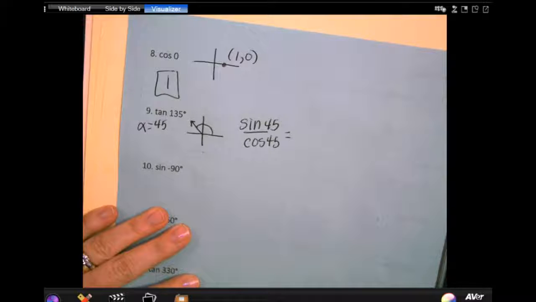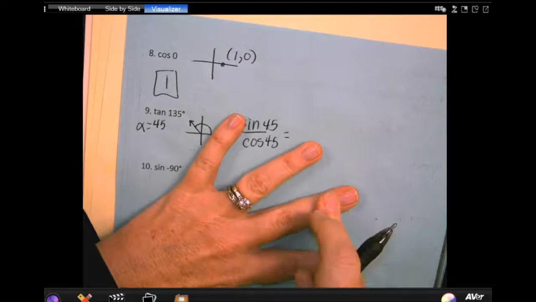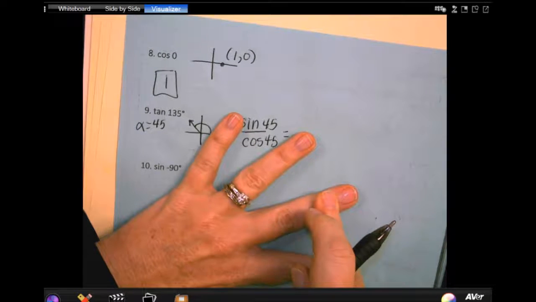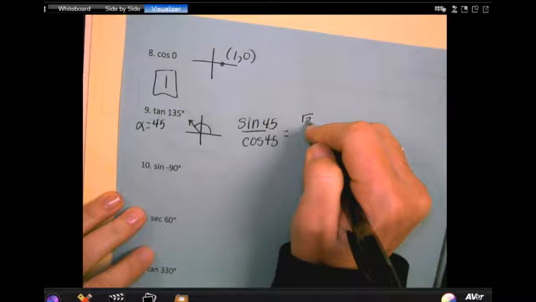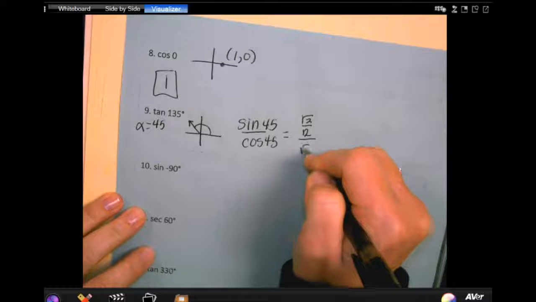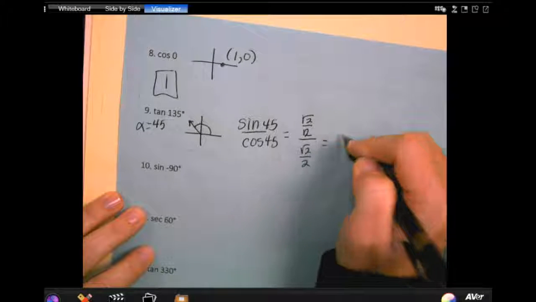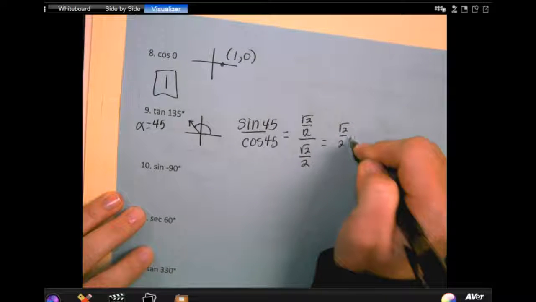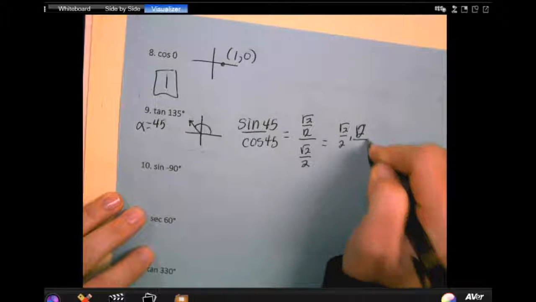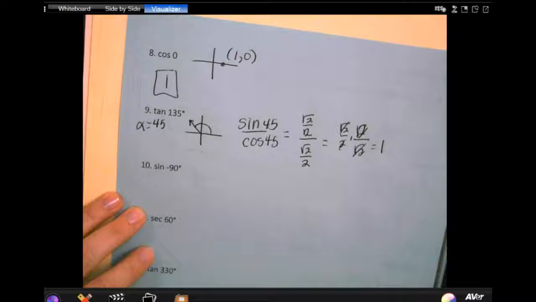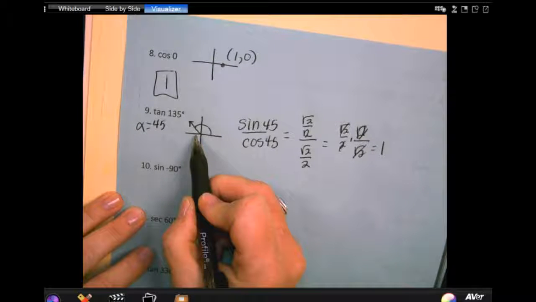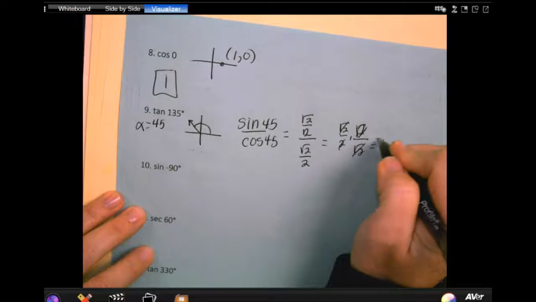So the sine over the cosine of 45, how many fingers above? 2. How many below? So it's square root of 2 over 2. Which leaves me 1. And in this quadrant, what's negative, x or y? X, so this is a negative value.